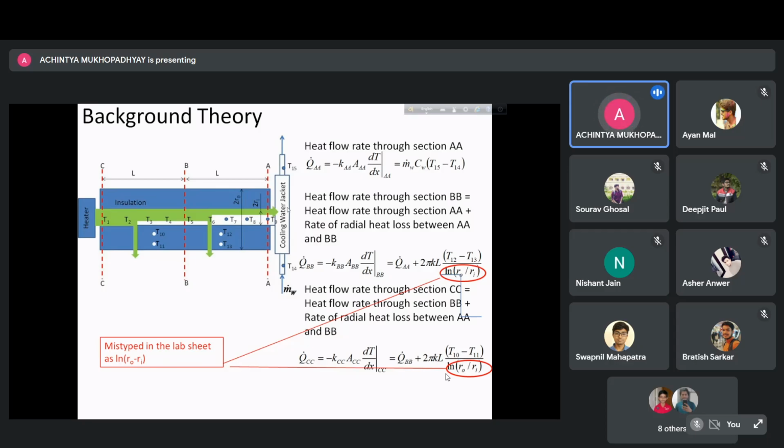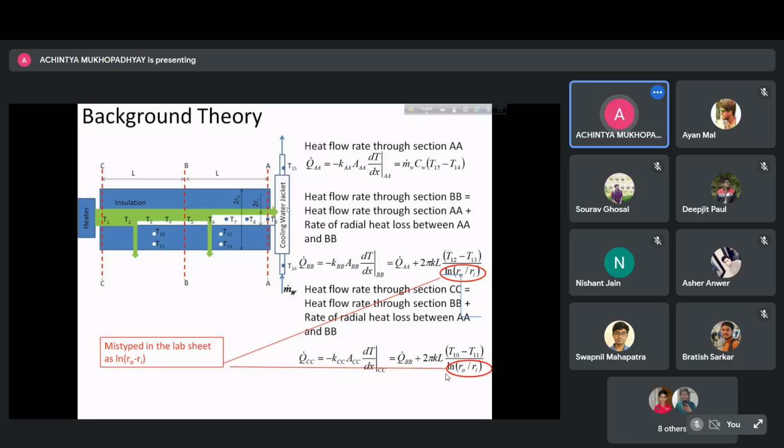You are not neglecting the heat transfer in the radial direction. If you neglected it, then your h would have been 0, which means in your fin equation m square would have been 0, and it would have become simply a one-dimensional heat conduction in a Cartesian system.